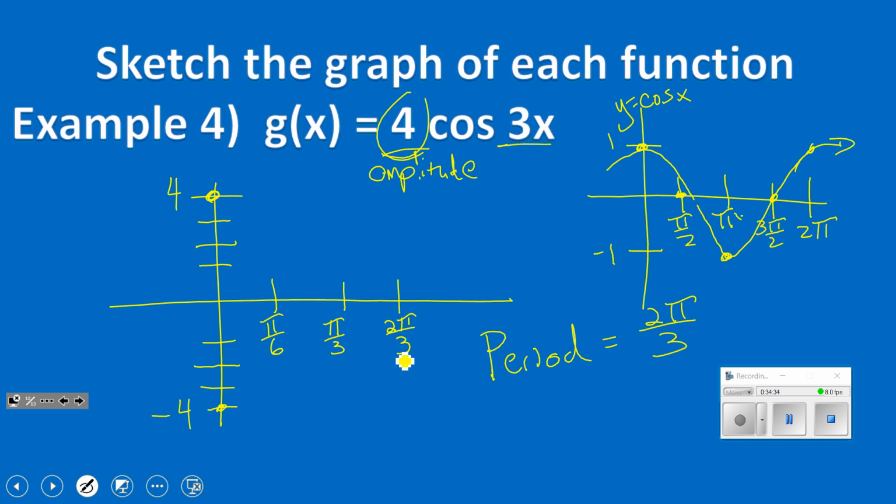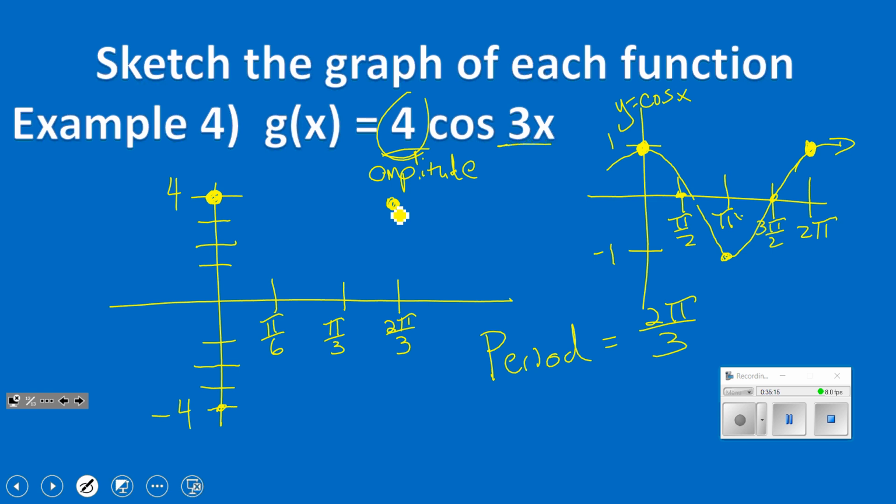So you can plug it in and multiply if you want to. Does that make sense? But I know based on my normal, if it's going to do one complete wave, first of all, where are we going to start? I'm going to start up here at 4. Where are we going to end by 2 pi over 3? One complete wave will start and finish at the same spot. So I know at 2 pi over 3, it's got to finish here. I know at pi over 3, and you can split it up evenly if you want to.